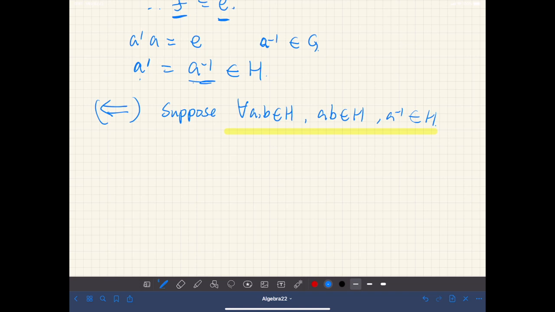Now we want to show that H is indeed a group. To show a subset H is a group, we need to check all the axioms of groups.